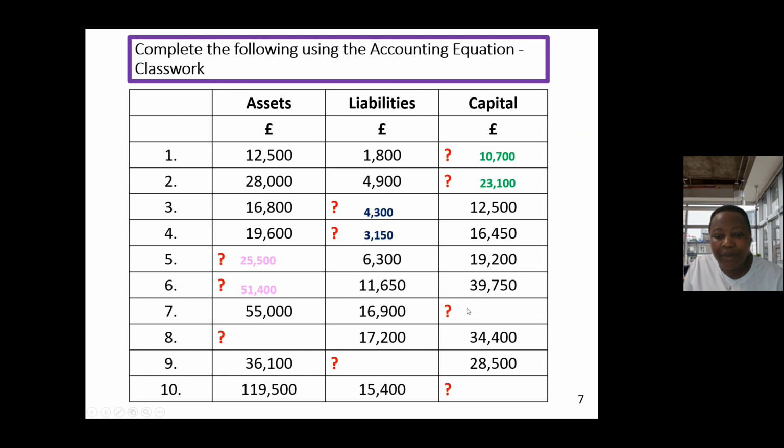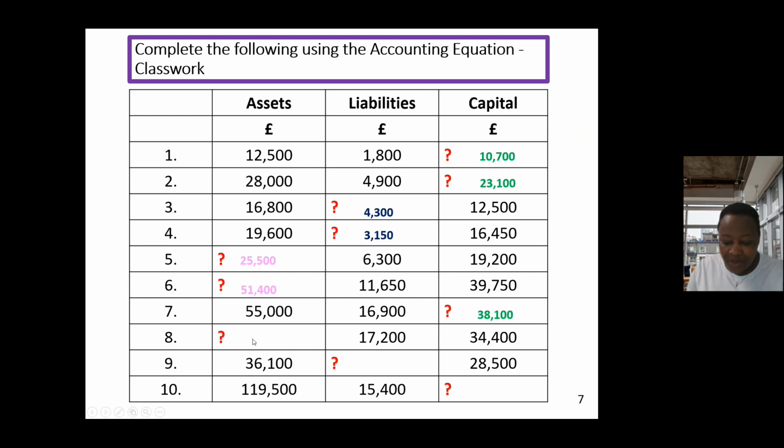Question 7, we're looking for capital. We know that assets equals liabilities plus capital. So for us to get capital, it will be equal to what? Assets minus liabilities. So 55,000 minus 16,900 should give you 38,100. How you would know that you're right or wrong is, add up your liabilities and capital together, and they should be the same figure as your assets.